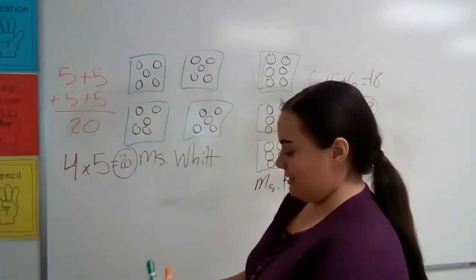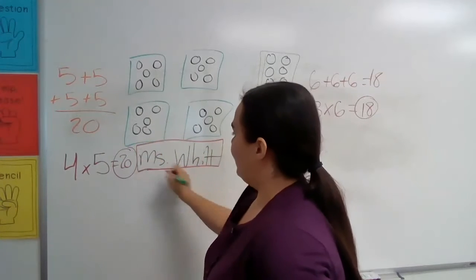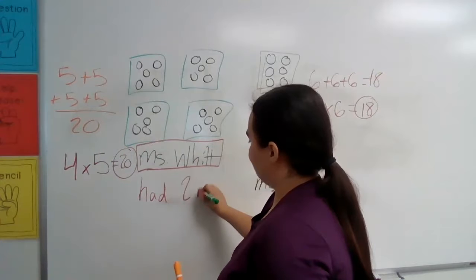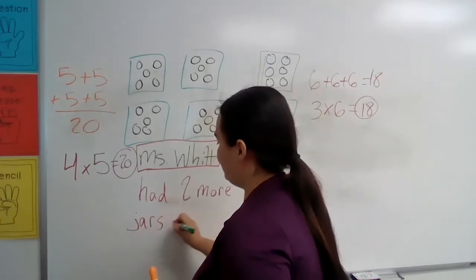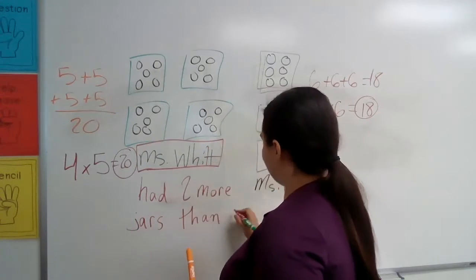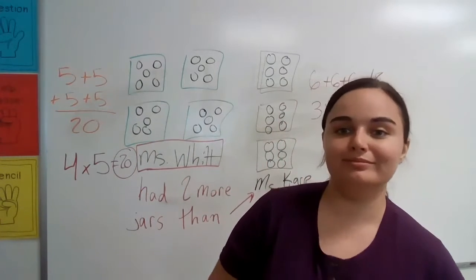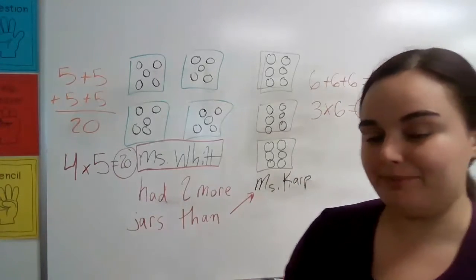So we could say that Mrs. Witt over here had 2 more jars of paint than Mrs. Carp. So she has more jars compared to her friend.